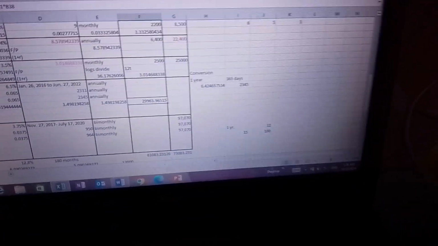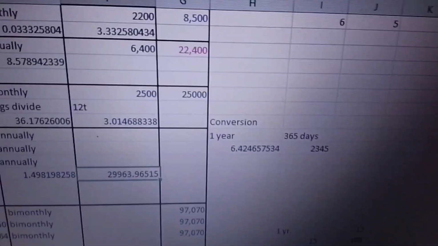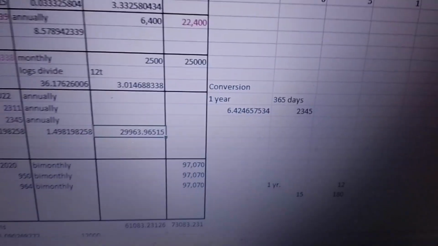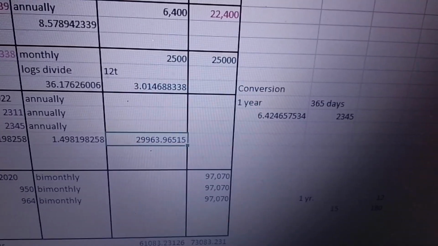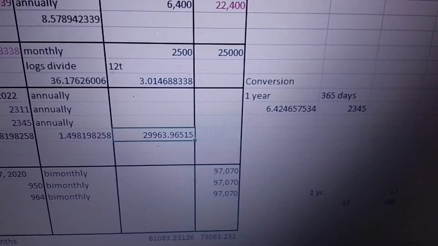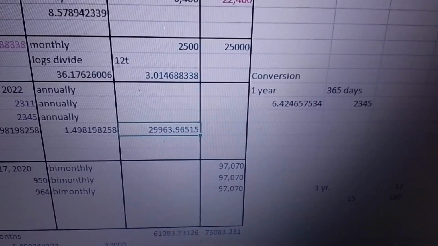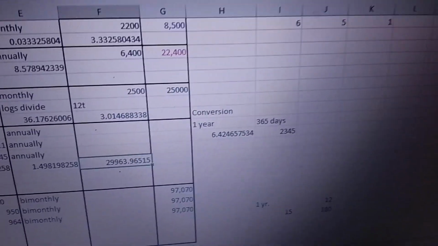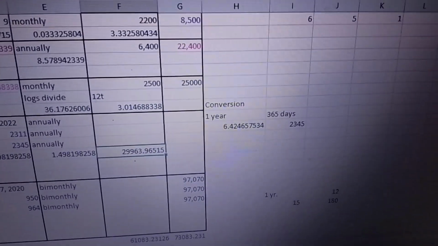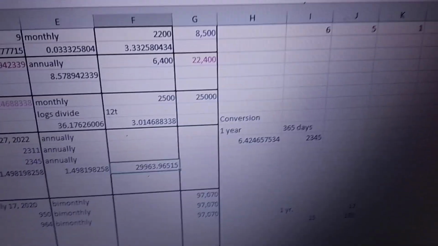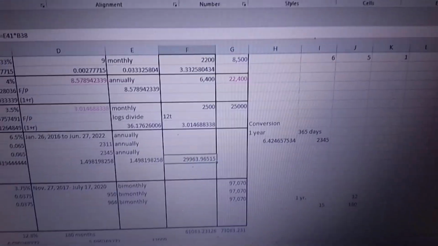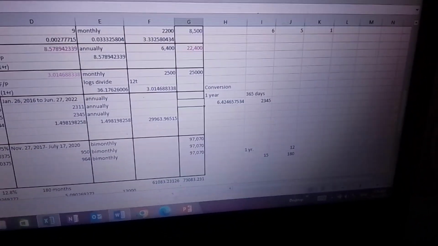So we click this. Where's our principal of 20,000? Multiplying that by our principal, we should get $29,963.96. So that is our exact ordinary amount. So let's just type it here.